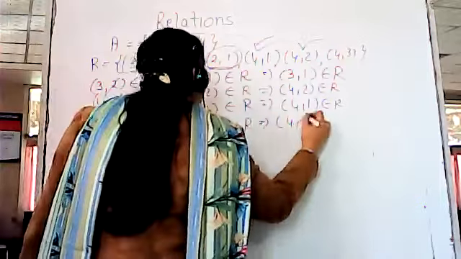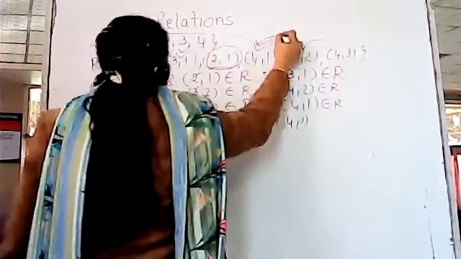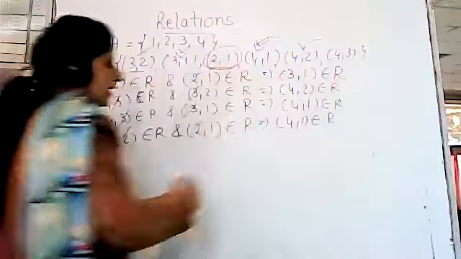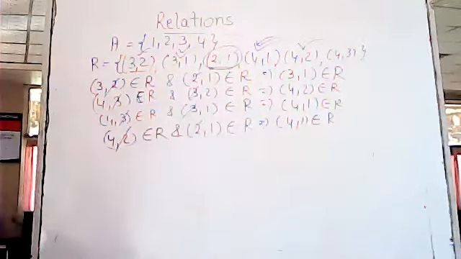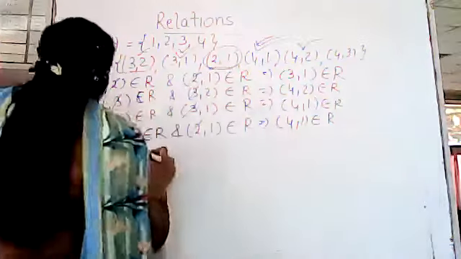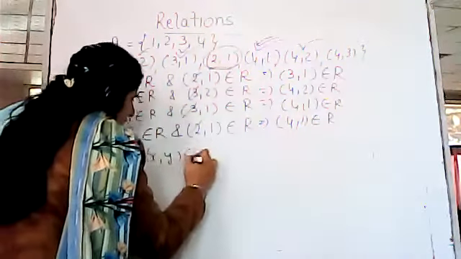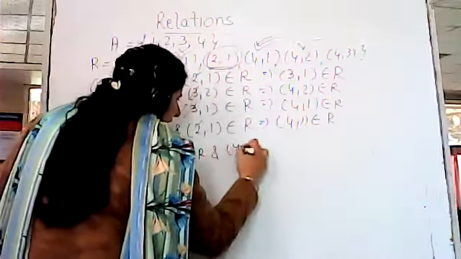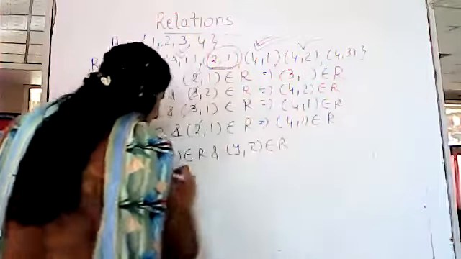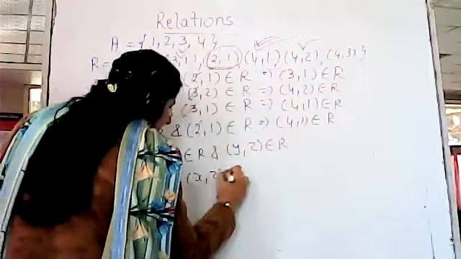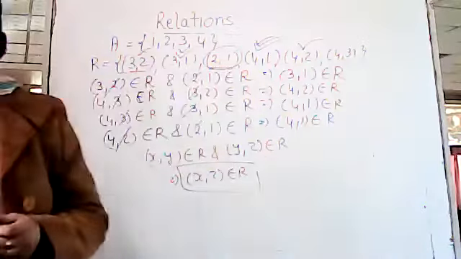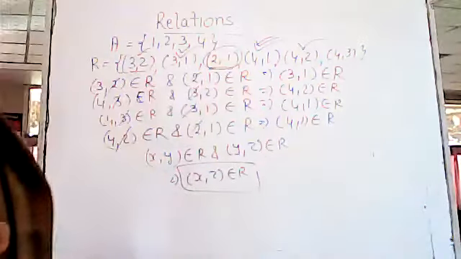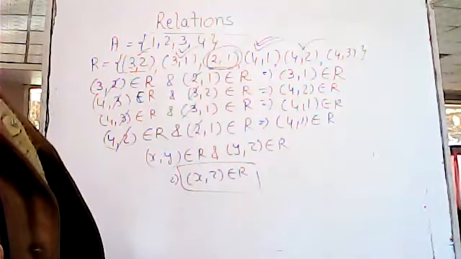Then again we are left with 4, 1. 4, 1 is already available in the relation. So the given relation will be a transitive relation. Why? Because for every x, y belongs to R and y, z belongs to R, x, z is also present in the given relation. So this relation will also be a transitive relation.